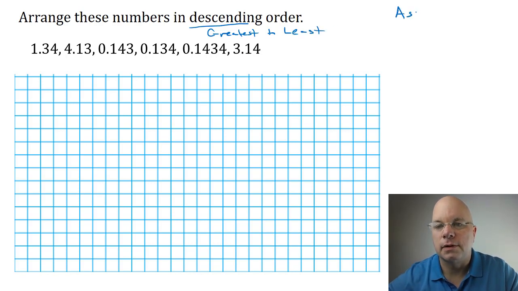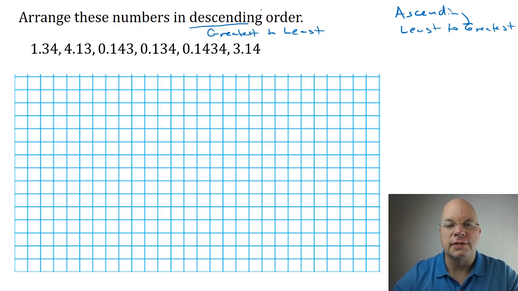Ascending order would be least to greatest. So descending, it's like if you're descending stairs, you're going down the stairs, right? So you're going from the highest stair to the lowest stair. So you go from the highest number to the lowest number. And ascending is just the opposite of that.